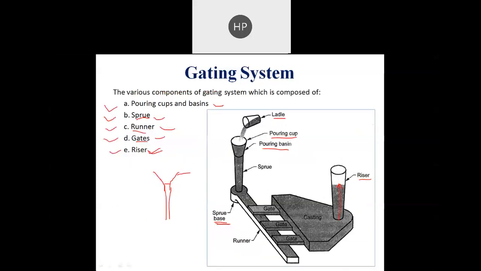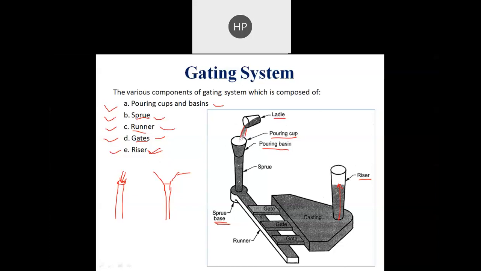Okay, so if we have a direct straight path like this, then it is very difficult to pour exactly into that circular hole that we have to fill with the molten metal, because the diameter of the flow may sometimes not exactly match the diameter of that hole.